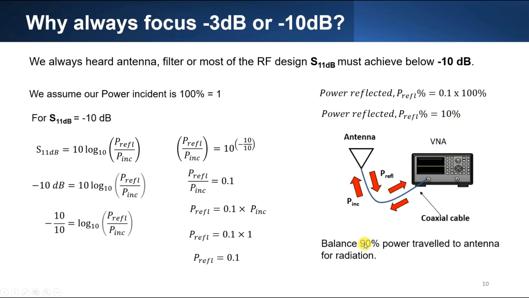The balance of 90% of the power travels to the antenna and the antenna uses it for radiation. Okay, this is why we always focus on -10 dB, because at least they have a 90% balance of the power transmitted to the device, for example here, to the antenna. This is why our S11 must achieve below -10 dB.